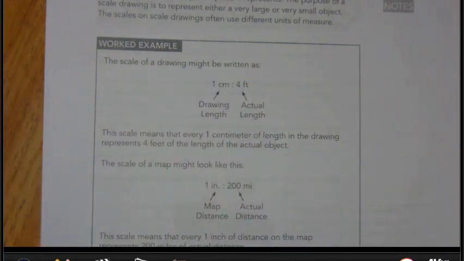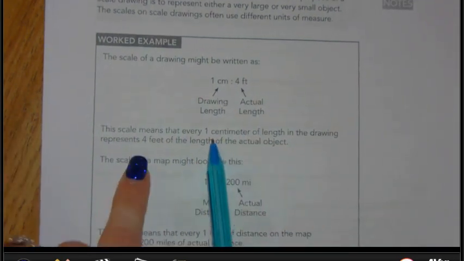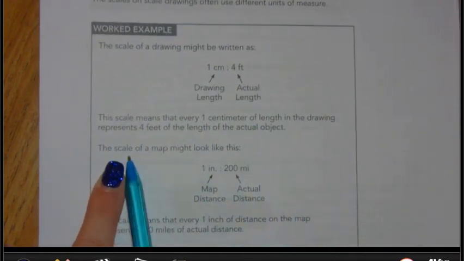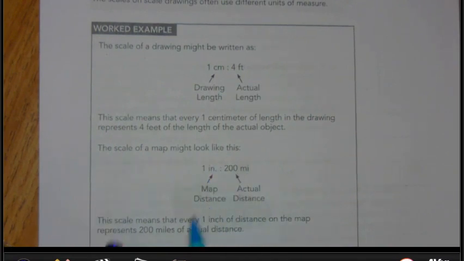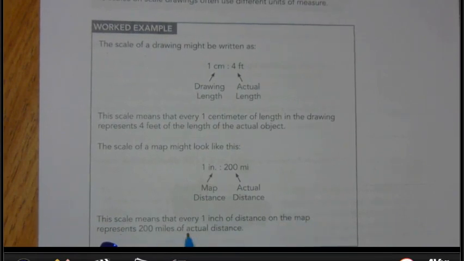So 1 centimeter in my drawing is representing 4 feet in real life. So this scale means 1 centimeter of length in the drawing represents 4 feet of length of the actual object. Or the scale of a map might look like this: 1 inch to 200 miles, meaning 1 inch of distance on the map represents 200 miles of actual distance.